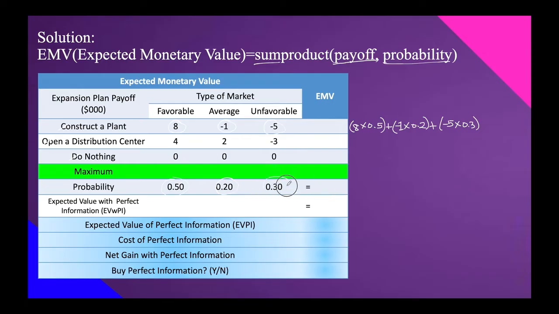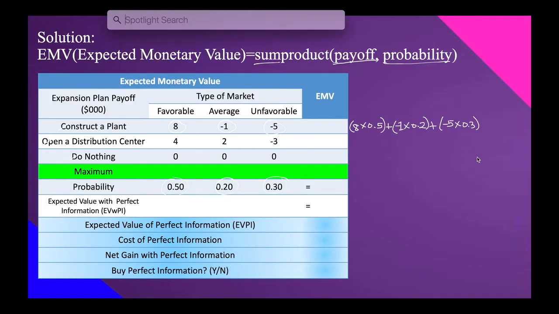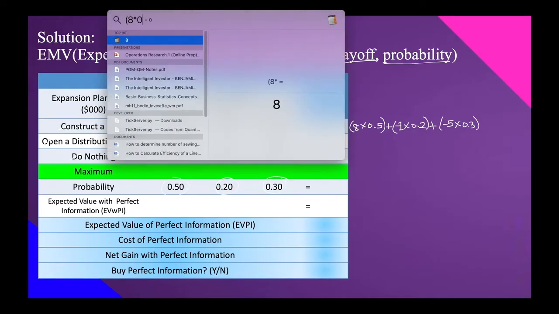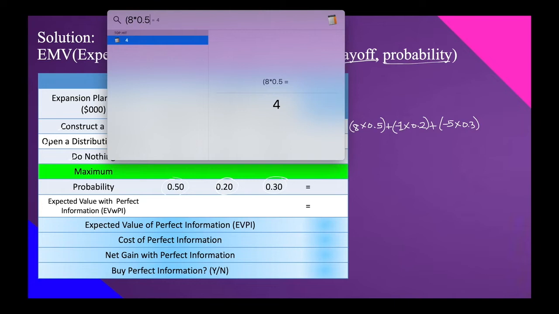Now, if you do this in your calculator, I hope I have my calculator with me, but let's just use the default calculator of my laptop. So let's have 8 times 0.5 plus negative 1 times 0.2 plus negative 5 times 0.3.